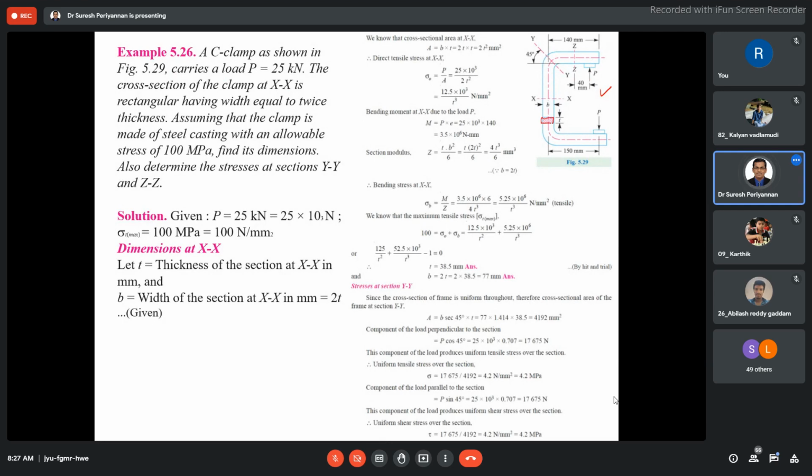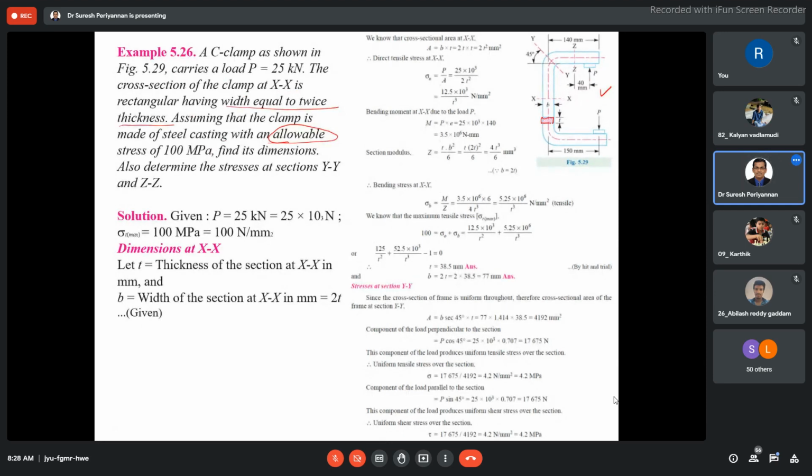The cross section of the clamp at XX is rectangular, with width equal to twice the thickness. W is equal to 2T. Assuming that the clamp is made of steel, they have given directly the allowable stress of 100 megapascal. Find its dimensions. Also determine the stresses at the sections XX and ZZ.